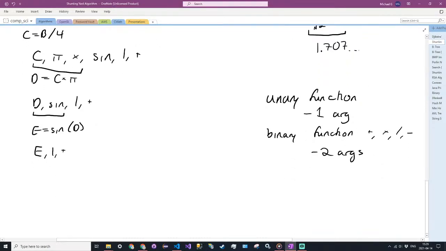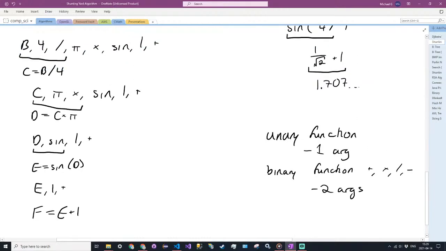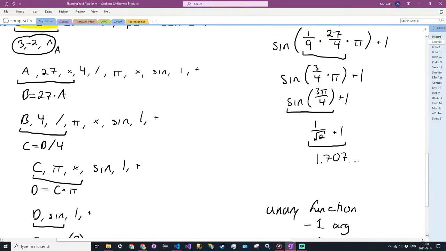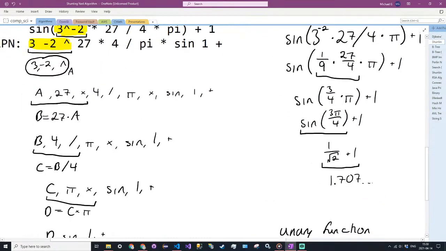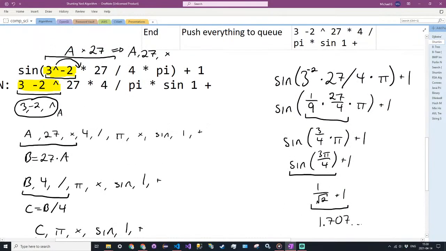And then our final answer, F, is equal to E plus 1, which is exactly what we have here. So essentially, we're doing the same exact thing, just in a way that a computer can understand it, because there's no way a computer can look at this and know where to start until we parse it into a queue.